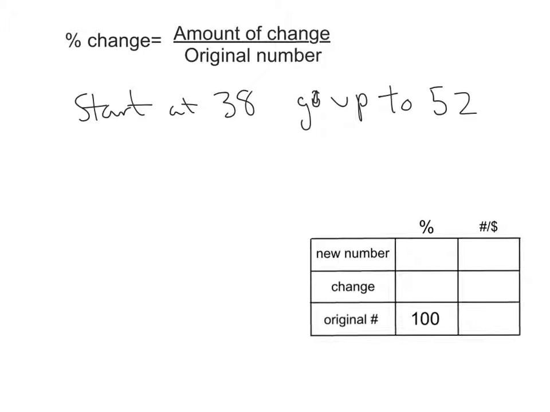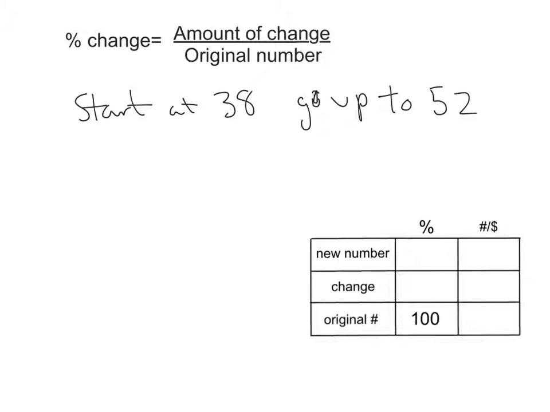Now, I've provided a chart down below that's actually quite useful for organizing these kinds of problems, because it turns out that keeping track of the new number, the original number, and the change that happened, the chart is quite useful for organizing such things.